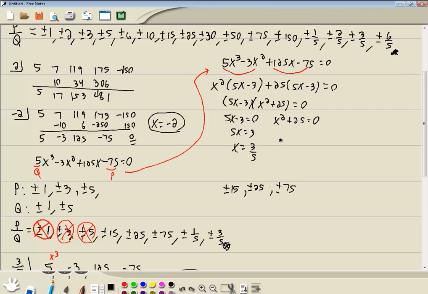On this one, take 25 over, it becomes a negative 25. And square root property says you drop your squared and you put a plus or minus square root on the other side, which ends up giving us x is equal to plus or minus 5i. You can see that would definitely save you some time. So it's worth looking at that to see if you can do factor by grouping, and that only occurs when you get down to the x to the third level.